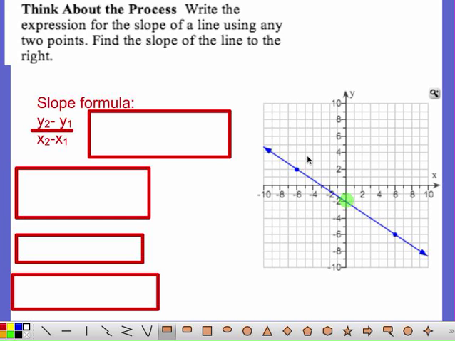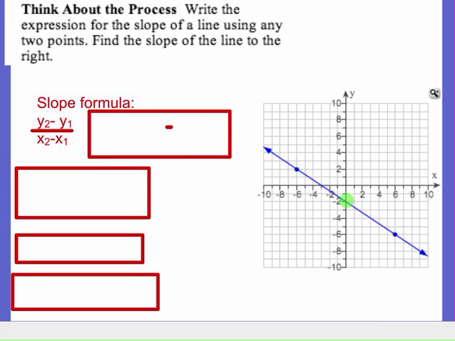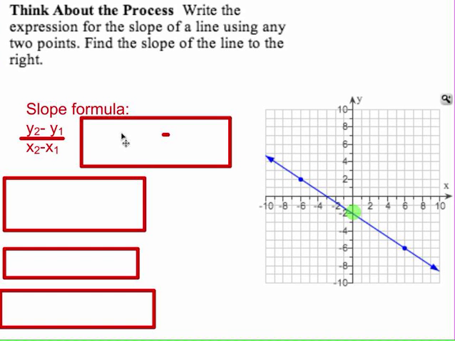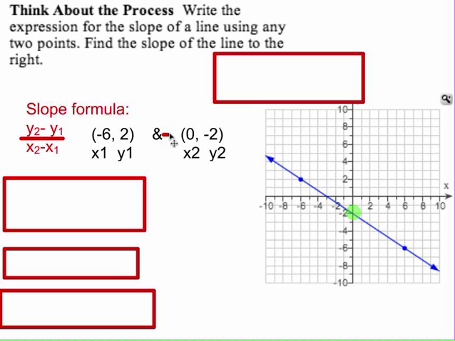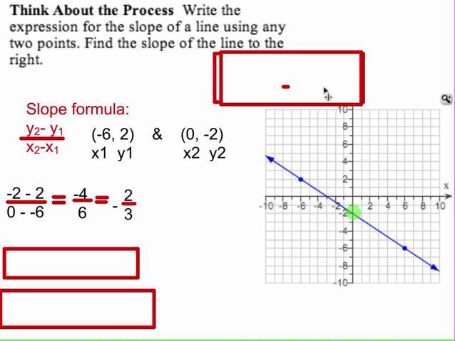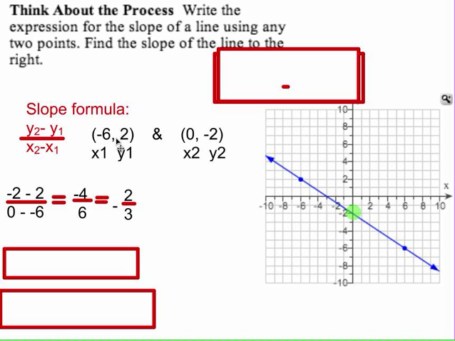So I'm going to go ahead and use the first point, which was negative 6, 2, and the point that I chose, 0, negative 2. When I plug those points in, I get negative 2 minus 2 for the y's, 0 minus a negative 6 for the x's.